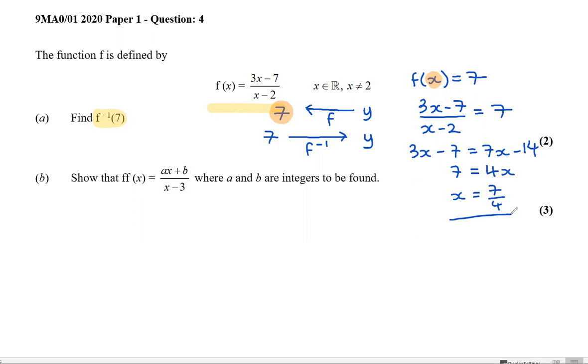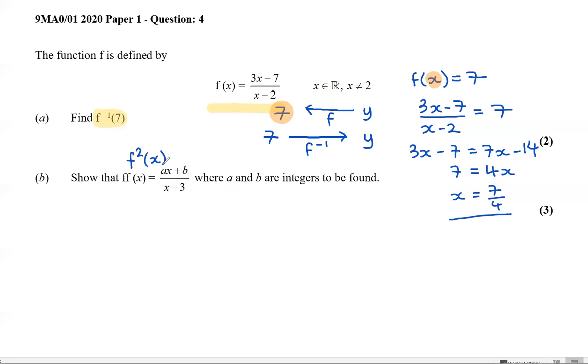For part B, we have to find ff. Sometimes, just so you're aware, they could write this as f to the power 2 of x, where you're applying f twice. And we have to show that we get this algebraic fraction here with a linear numerator and a linear denominator. So we've got to find a and b.